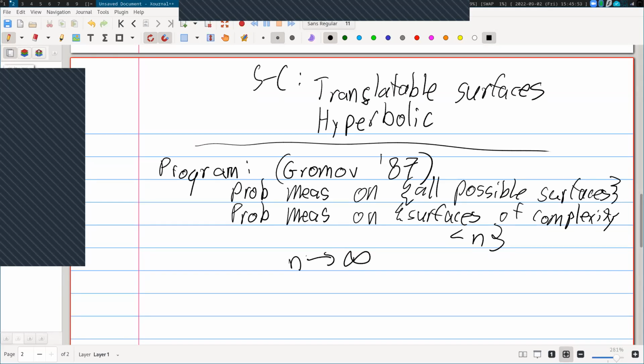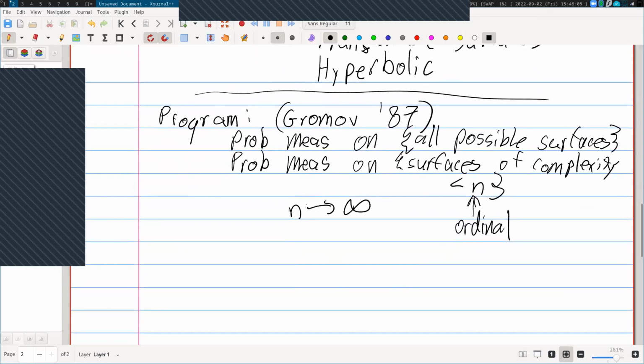Unlike in the finitely generated groups case, again, we have to deal with uncountability at a deep level, right? So this n is going to be like an ordinal or something, or these sets are going to be themselves uncountable. And then you ask questions, right? You say, okay, in this case, what is the probability of this happening?